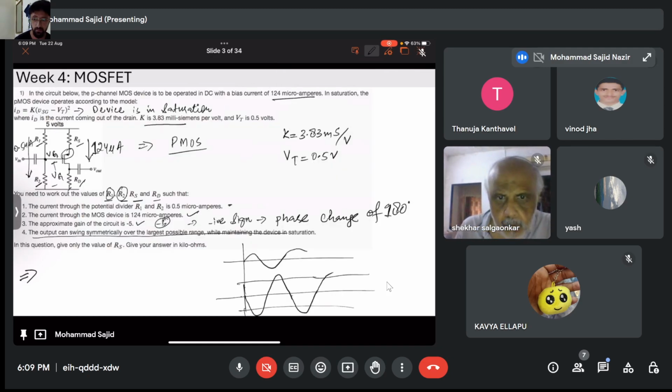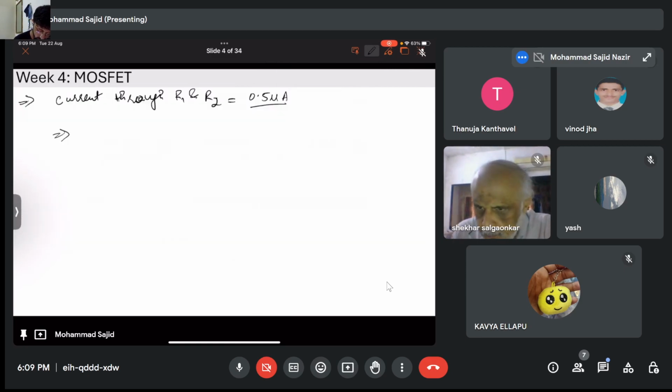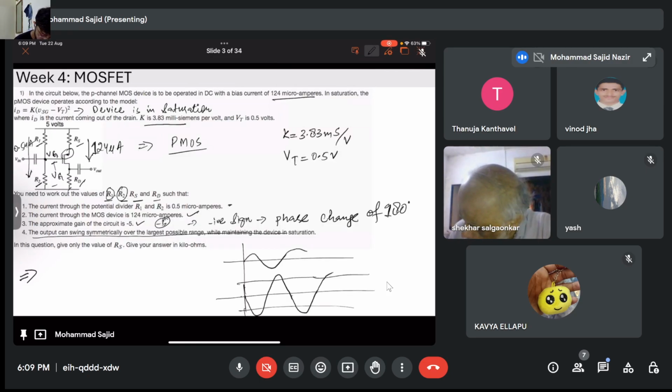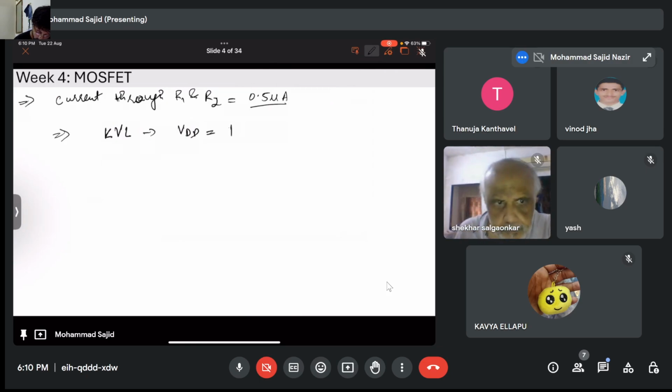If I directly write the KVL, let's call this VDD. VDD will be equivalent to the current through this network, let's call it IN, times R1 plus R2, the total resistance of the network.